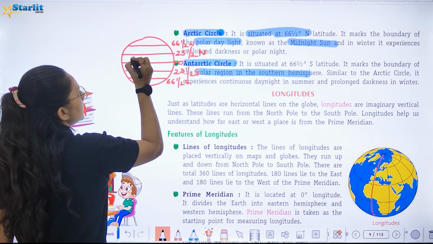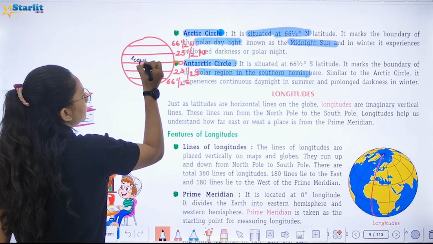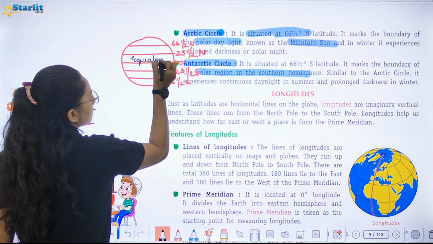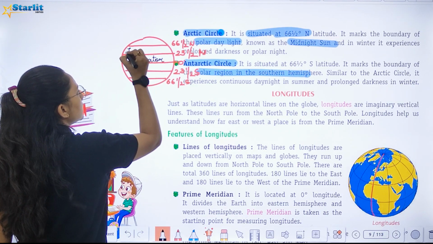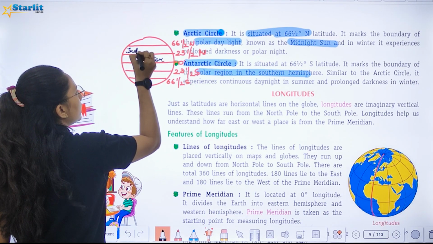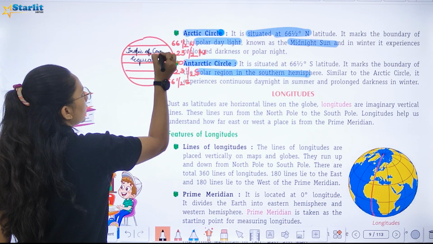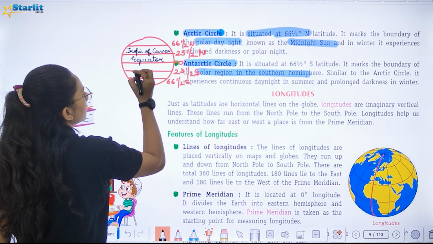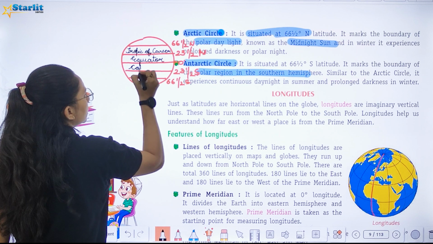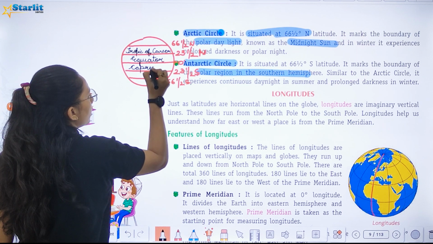So what is this? This is the Equator. This is the Tropic of Cancer. This is the Tropic of Capricorn.